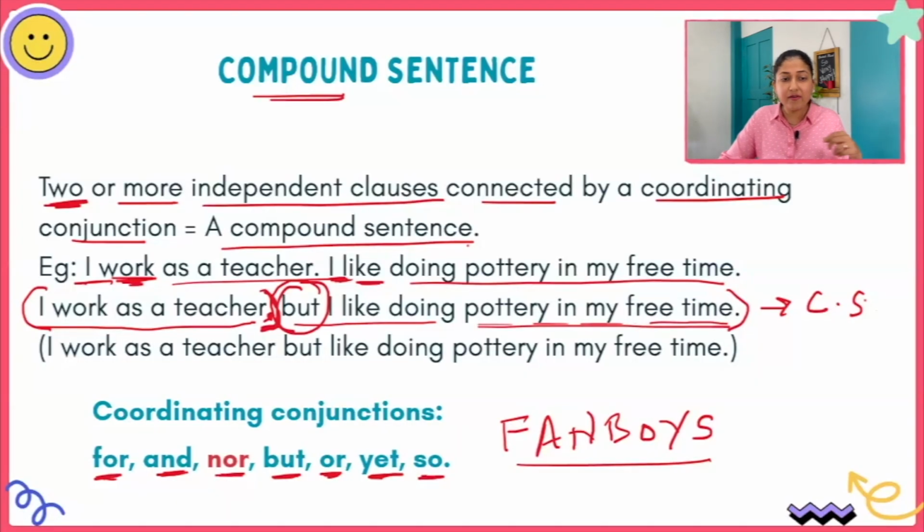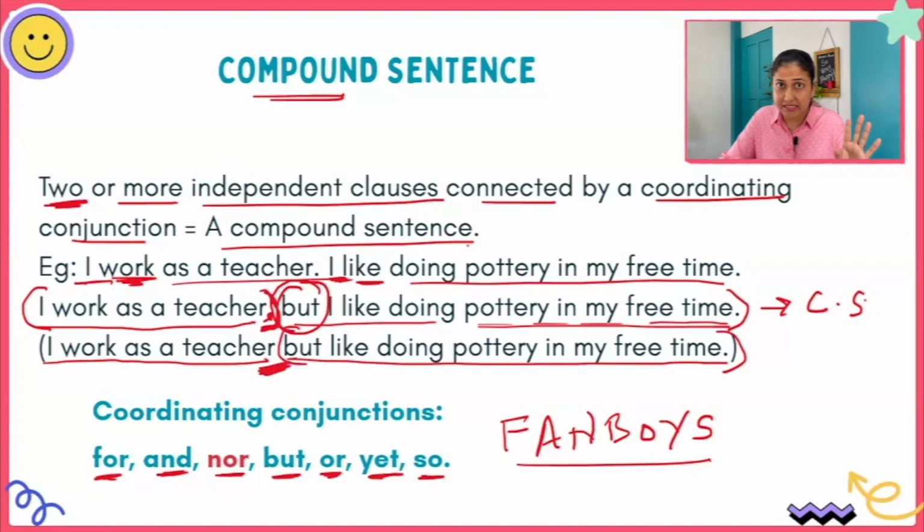If there is only one subject, we will not use a comma. Okay? Look at this. For example, if I have to write a sentence like this, I work as a teacher but like doing pottery in my free time. Now in the second clause, there is no subject. So there would be no comma after the first clause. This much is clear? Cool?